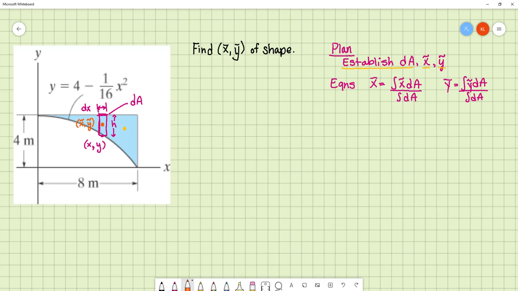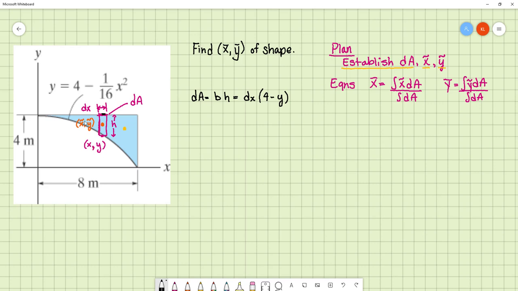All right, let's figure out what those are in terms of numbers. dA, the little slice of area, is the base times the height. The base is dx, and the height is 4 minus y. Okay, so that's the height of the rectangle, and we're basing that off of the top number up here, which is 4, the highest possible y value, and we're going to subtract off the y value as we go along.